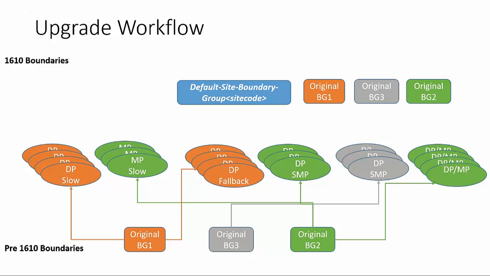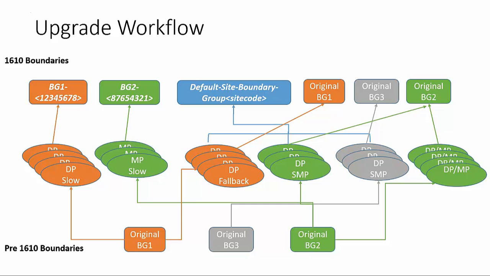Now, distribution points which are configured to fallback, and the state migration points, are copied to this new group, except the ones which are not configured for fallback or configured as slow. These site systems would still be part of their original boundary groups, with the exception of slow site systems.